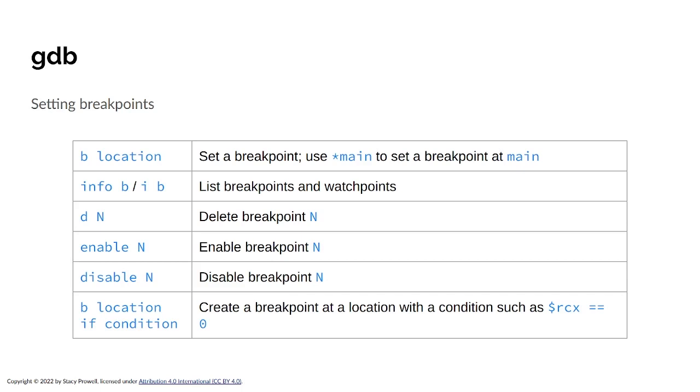So maybe I'd like to break at a certain location, but only when RCX is 0. I can do that by giving it the breakpoint I want and then saying $RCX == 0. $RCX, by the way, is how I refer to registers. So $RAX is RAX, $RCX is RCX, $AX is the first 16 bits of RAX, etc.